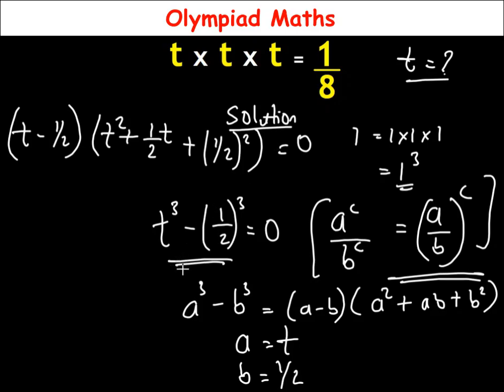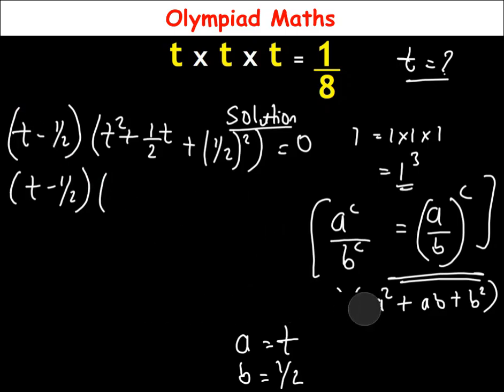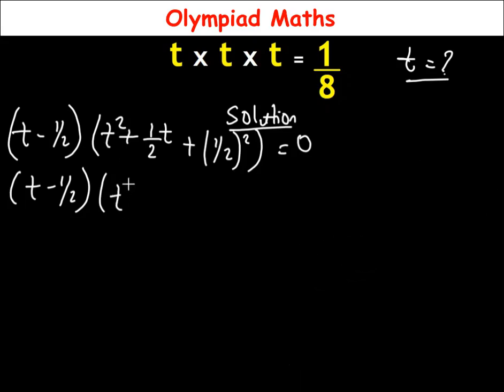Now we have expanded this equation. So we have in brackets t minus half multiplied by t squared plus t over 2, 1 times t is t over 2, plus 1 over 2 squared is 1 over 4, is all equal to 0.